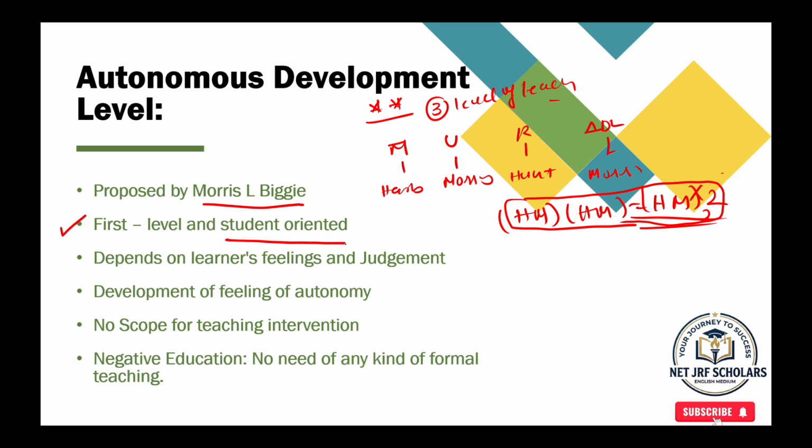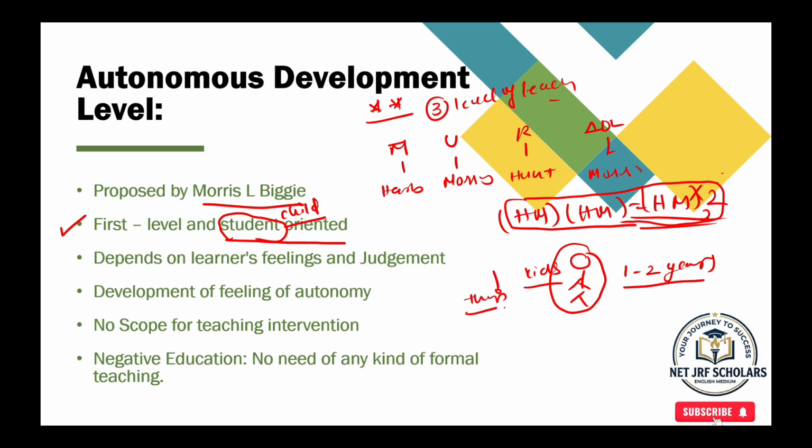It is the first level, student oriented, or in general terms we can call it child oriented. Here you need to imagine a small boy of 1 to 2 years. As you have seen, small kids take things in their hand, lick them and hit them on the ground.